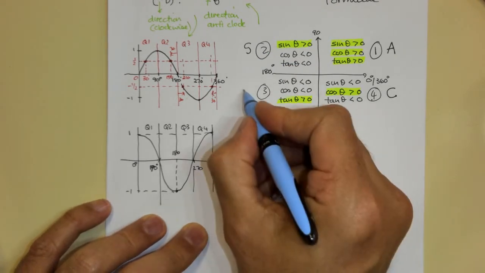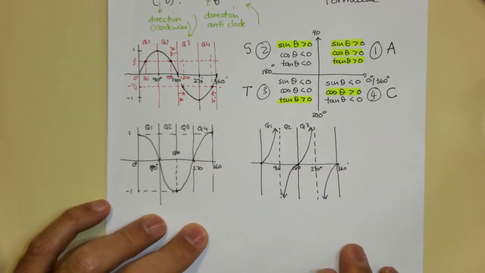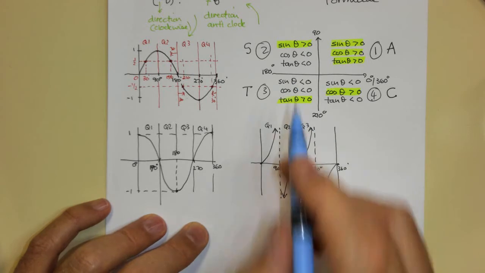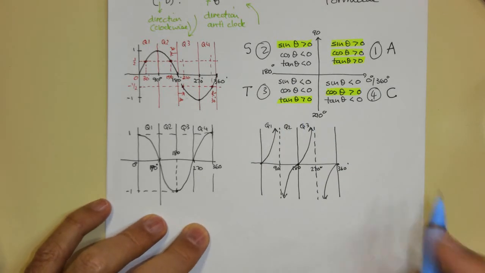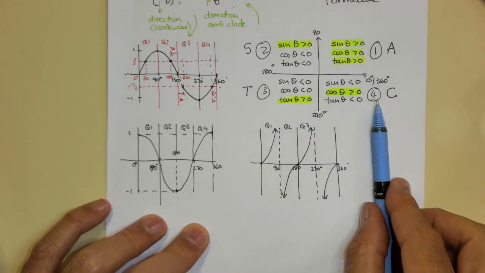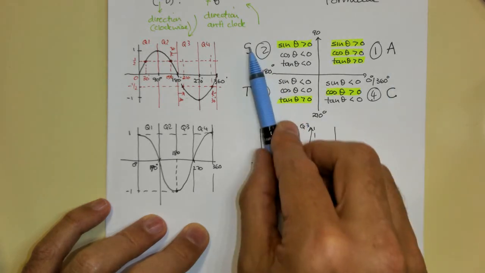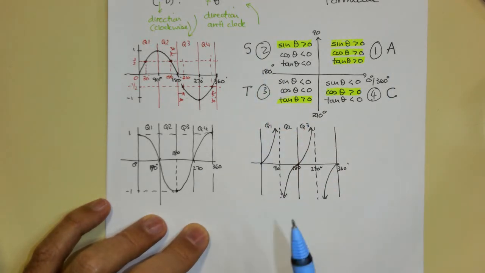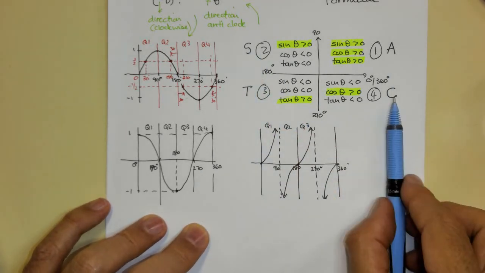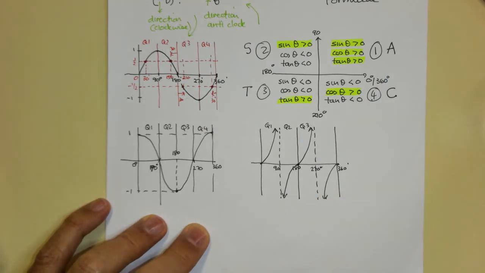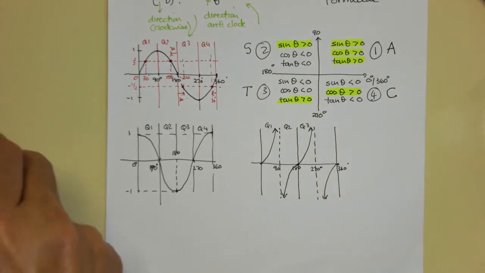And in the third quadrant, tan is positive. Sine and cos will therefore be negative. So remember, starting from your fourth quadrant, the CAST diagram tells you where things are positive. C stands for cos, A stands for all, S stands for sine, and T then stands for the tangent.